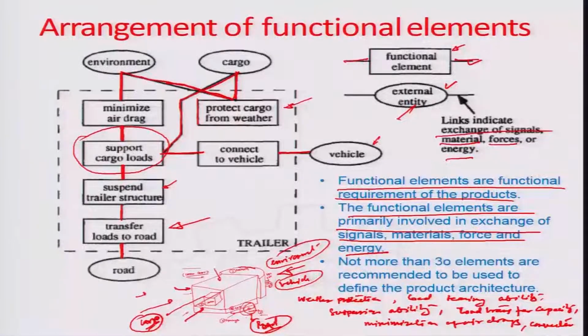Okay. And generally, when we split up any architecture into, let us say, a modular form, it may be a wise idea to not go more than about 30 elements, otherwise the functionalities are simply too complex to be mapped in terms of subsystems.